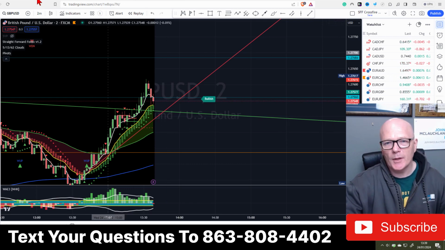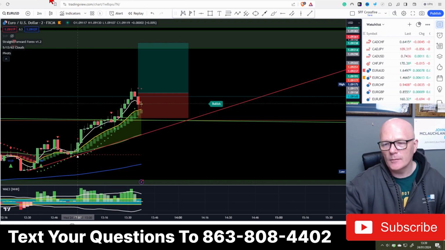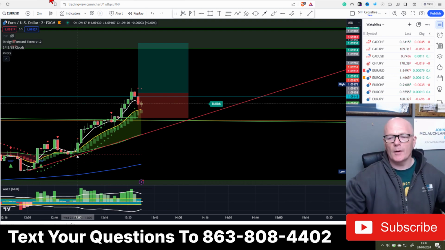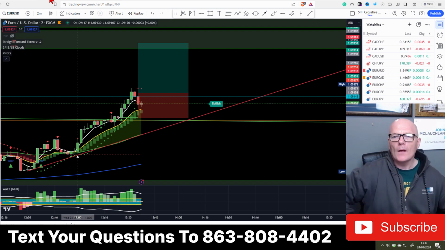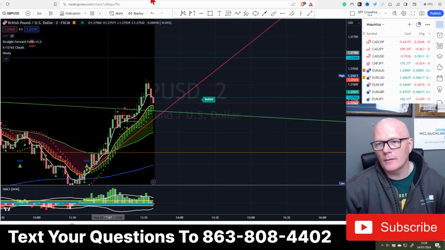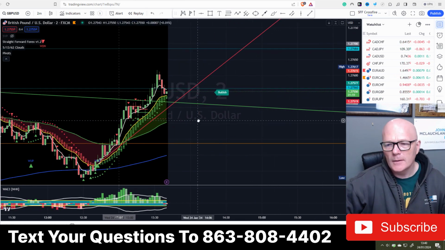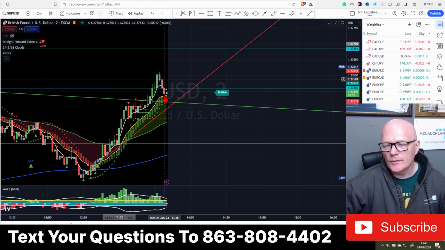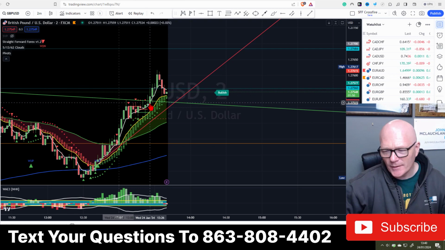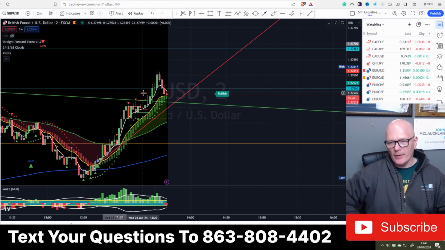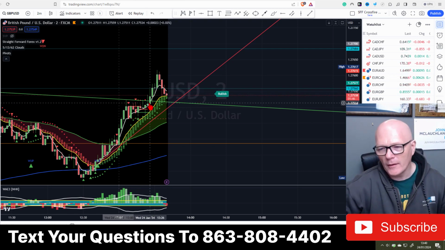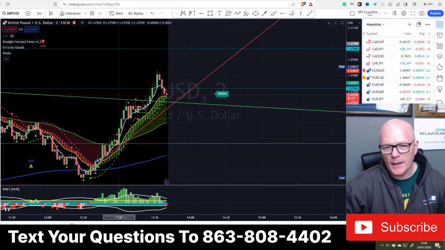GBP/USD is pretty much doing the same as Euro/USD, which is obviously because they're both USD pairs, although this one reflects the euro and this one reflects the pound. So again, we're just going to wait and see what's going to happen. But if you looked at this without putting this area of interest on, you would look at this and go, okay, price has gone above the green trend line, we're going to get in the trade.